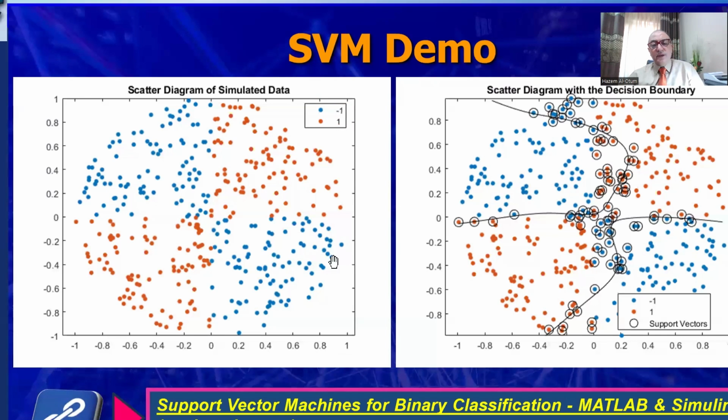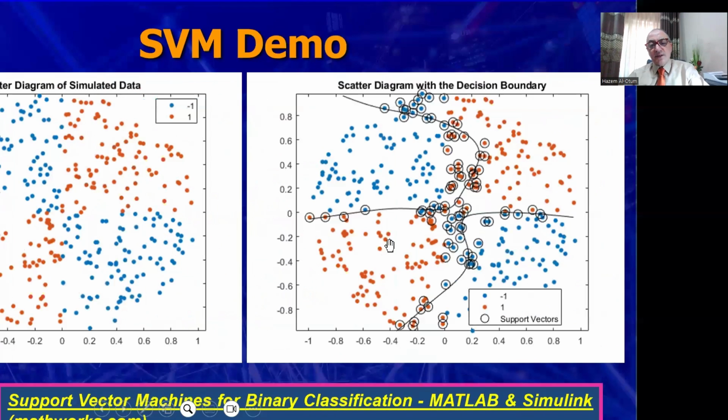Now, if we go and see the result of applying the support vector machine, here we have the white big balls. They represent the support vectors that have been used to divide the data into these classes.